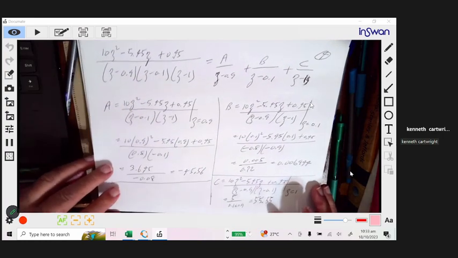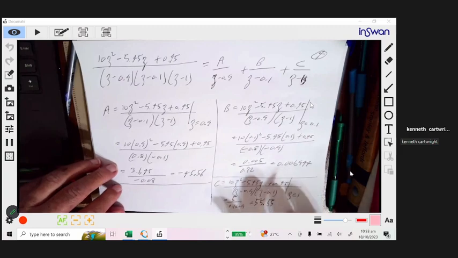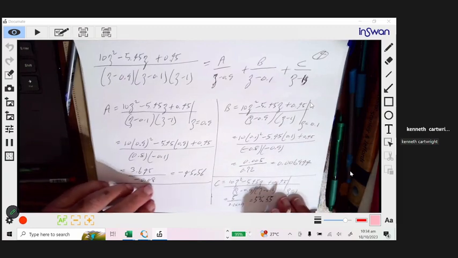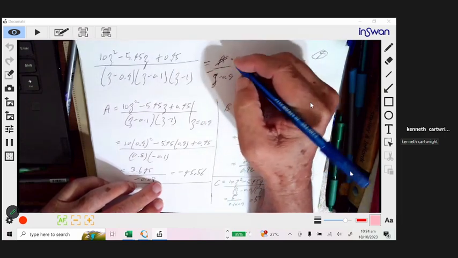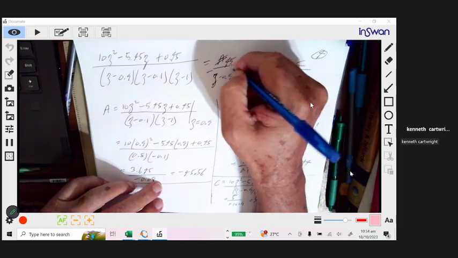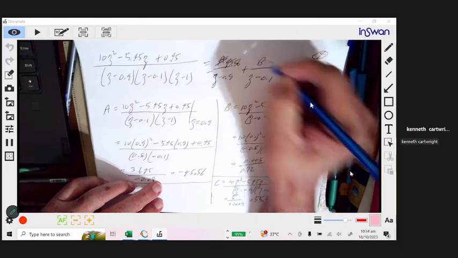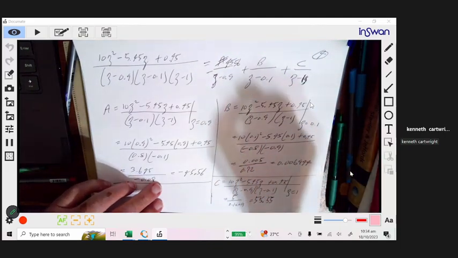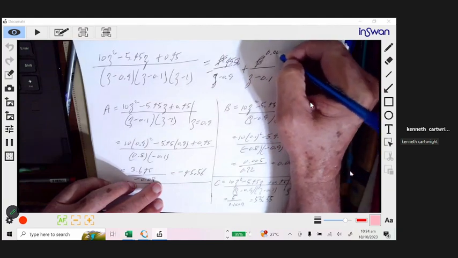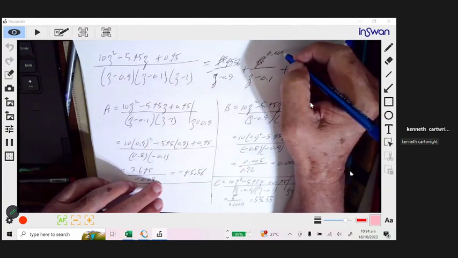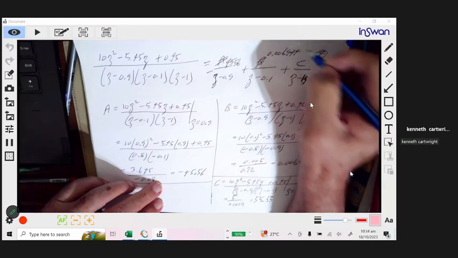Okay. So this becomes negative 45.56. B becomes 0.006944.